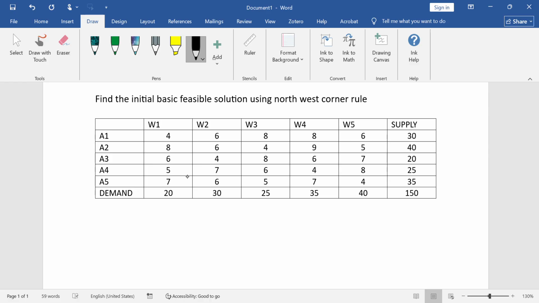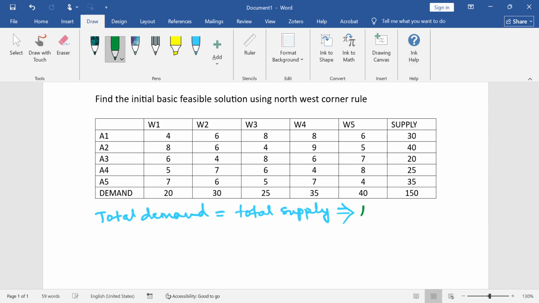Now the important thing in transportation problems is that we need to first check whether the total demand is equal to the total supply. If this happens, then this is called a balanced transportation problem. Otherwise, it is an unbalanced transportation problem.